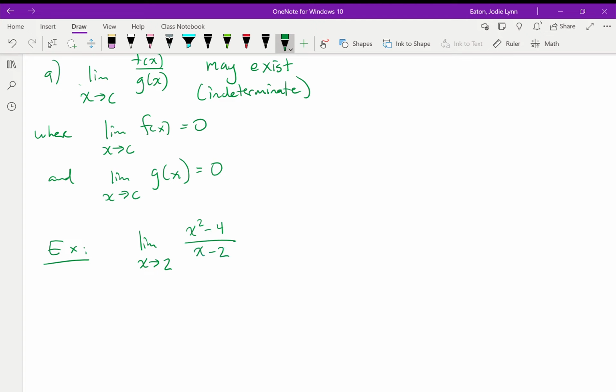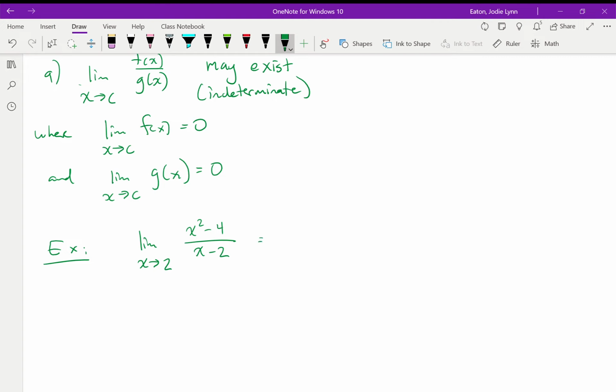Okay. What we're going to try to do is rearrange this in a way where we get an equivalent limit. We don't really care about taking out things like removable discontinuities because we're not looking at the answer, we're looking at the limit. So we are allowed to simplify and factor things out and cancel. Okay, because we're not talking about when x is equal to 2, we're talking about what happens when x approaches 2.